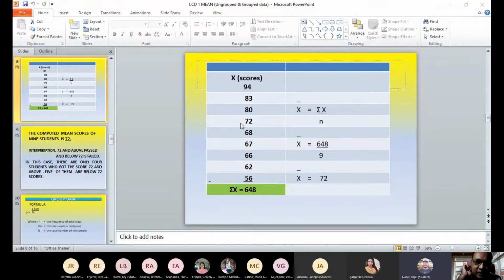So, next. What about if your variable is highest educational attainment? Now, for example, in your study, one of your variables is the highest educational attainment, either of teachers or parents of your respondents.